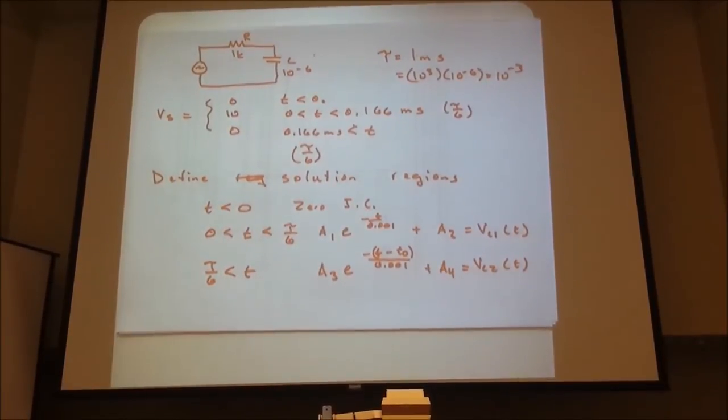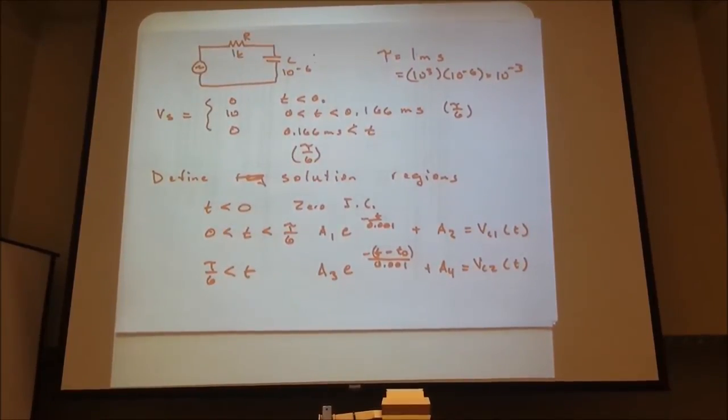Different coefficients, same form, but now this region doesn't start until tau over 6, which is t naught. So you could put in 0.166 if you're still inclined. So here's the form. The form is exactly the same. Our coefficients are different, but the form is the same.